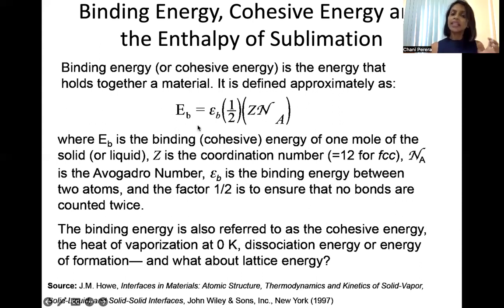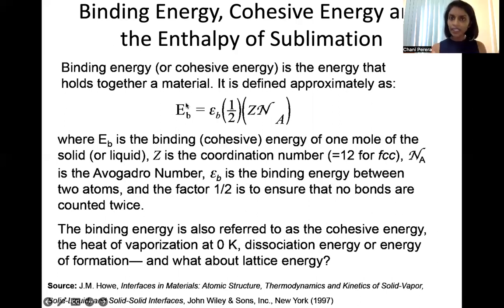So in a specific case, like the enthalpy of sublimation, this E_B, the binding energy for that system, is equivalent to the enthalpy of sublimation, but not every time, right? Only when sublimation is happening can we assume that E_B is equivalent to the enthalpy of sublimation. But in general, binding energy or cohesive energy is the energy that holds this material together as a solid.